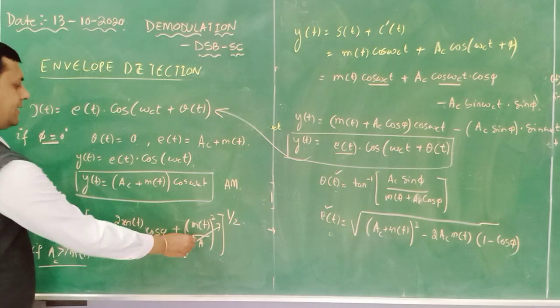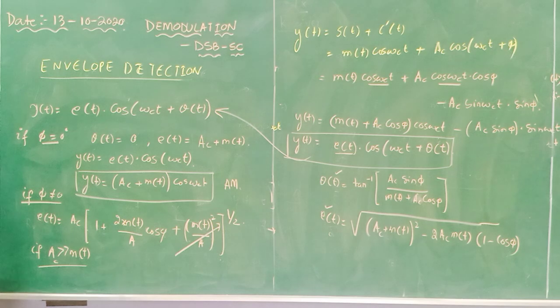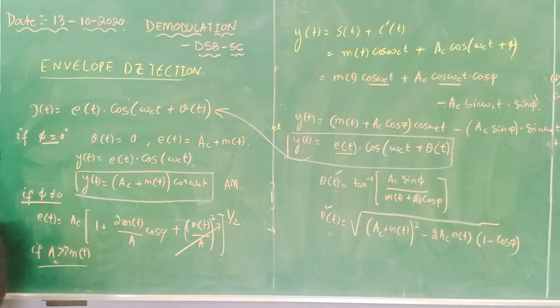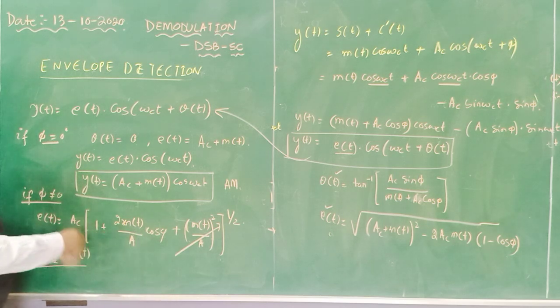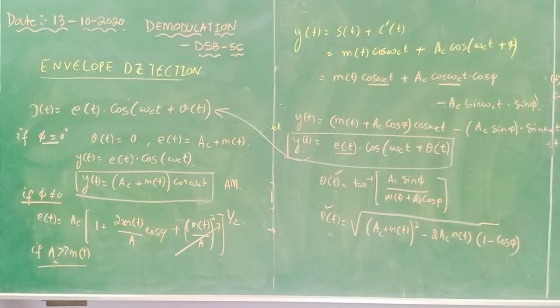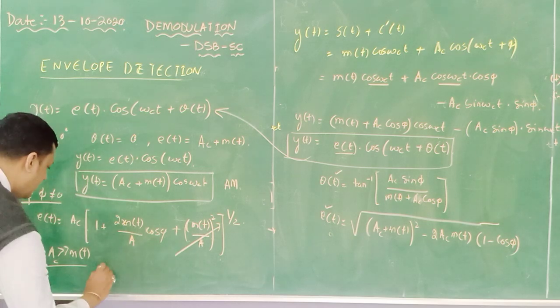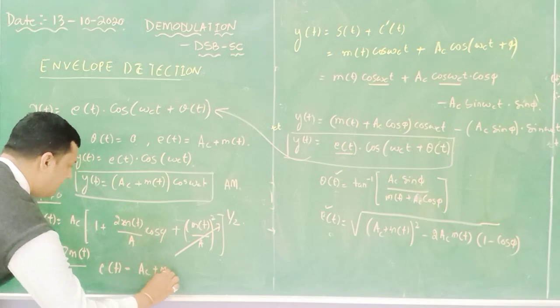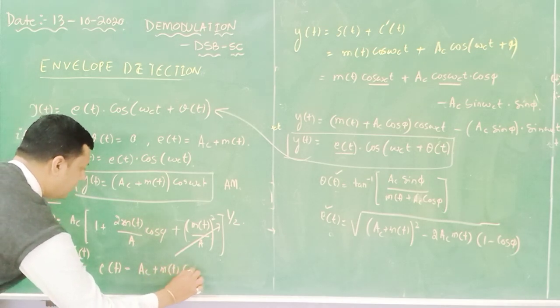So we can suppress this component. What is left? 1 plus 2 m of t by A cos phi. So again, if A is very much greater than m of t, our envelope will become E of t equals AC plus m of t cos phi.